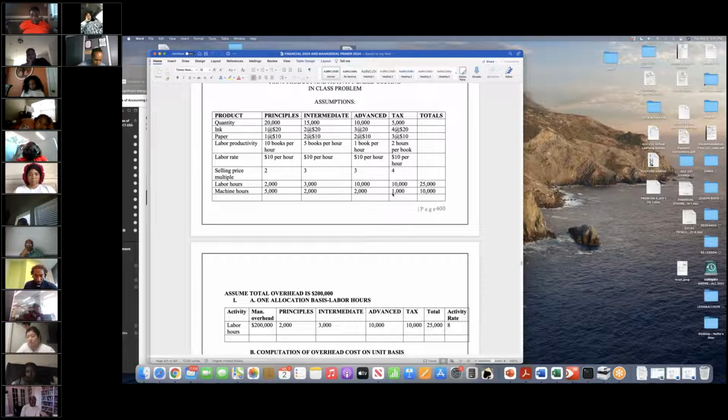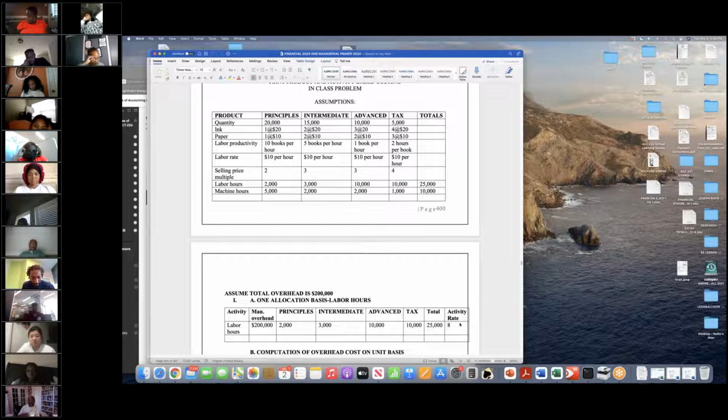So we simply need to go from the 200,000 and bring down the 2, the 3, the 10, and the 10. So it's 25,000. We then divide whatever's in this first column by our total hours, and we get an activity rate of 8.